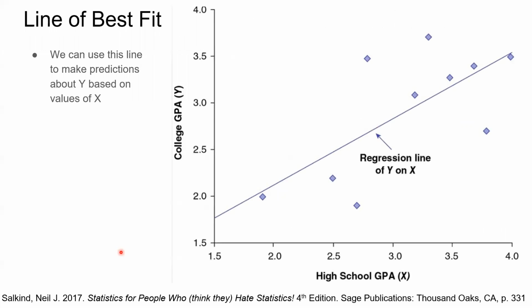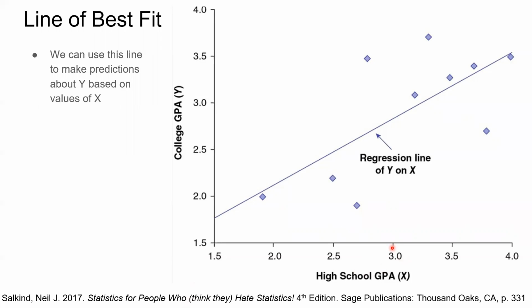The regression line is the line of best fit, the line that minimizes the deviations between each data point and the line. So this line gives us a way to make an estimation of GPA as well. For example, if a student has a high school GPA of 3.0, we can make a prediction using the regression line for what their college GPA is going to be.